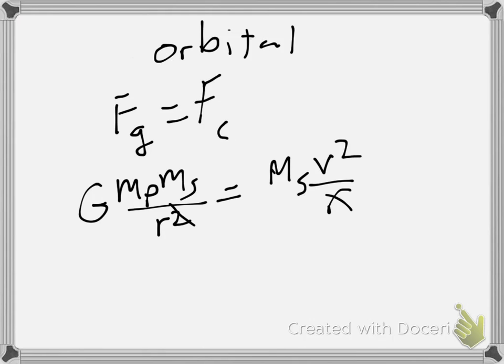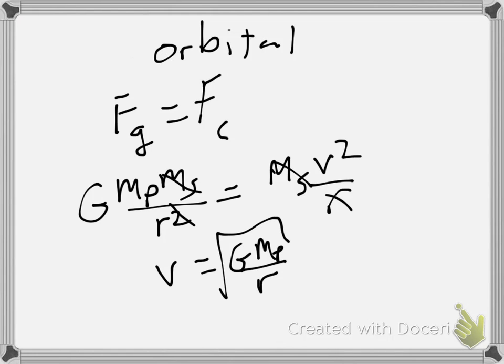So we canceled one of those, and we said v is equal to the square root of G times big M over r. That's where I got that from. I think I talked about this when we were doing the lectures. But this says gravity is what's supplying centripetal force, so that's the speed you need to orbit.